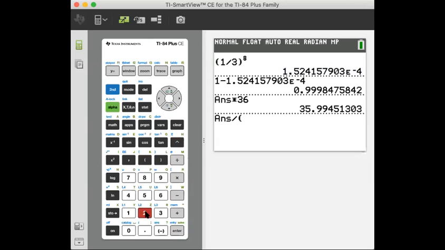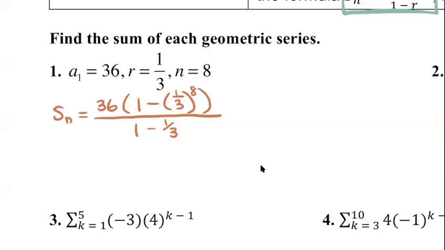So parentheses, 2/3. That should be your final answer, 53.9918. Any questions about that? Okay, nice, guys. So this one again was 53.9918.